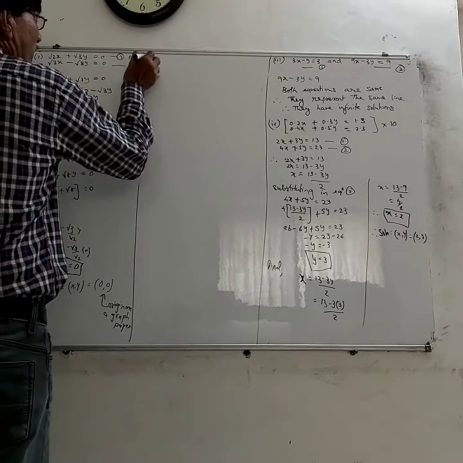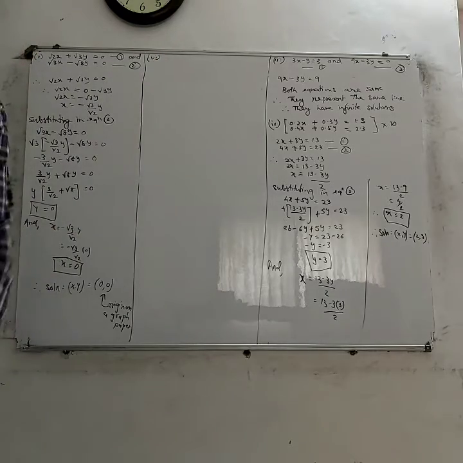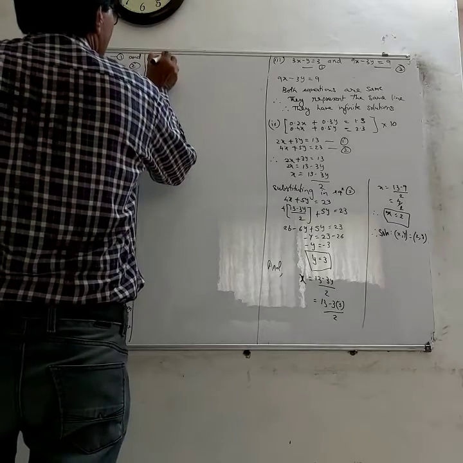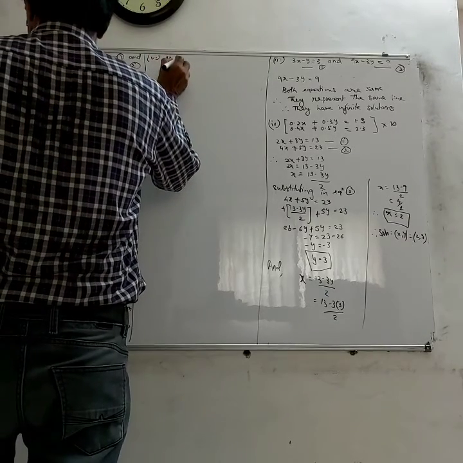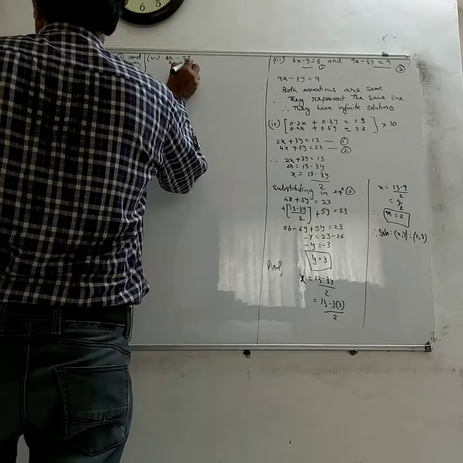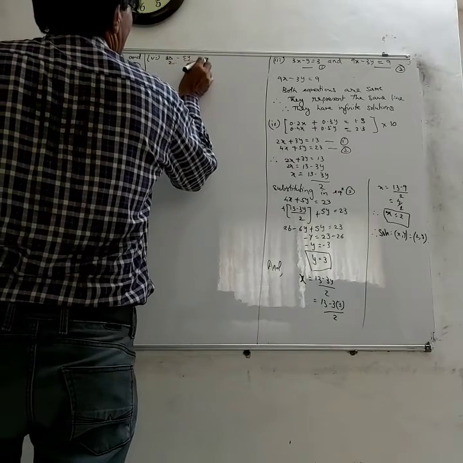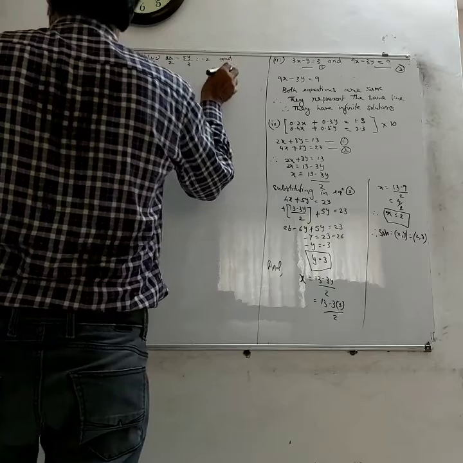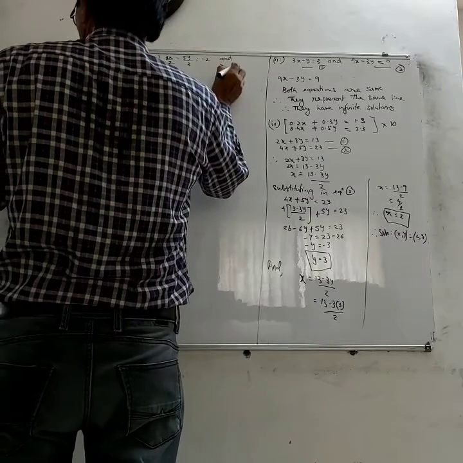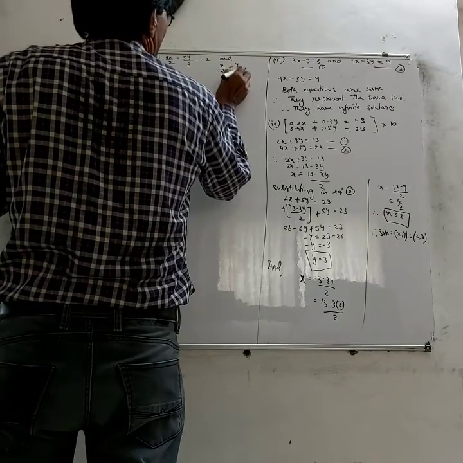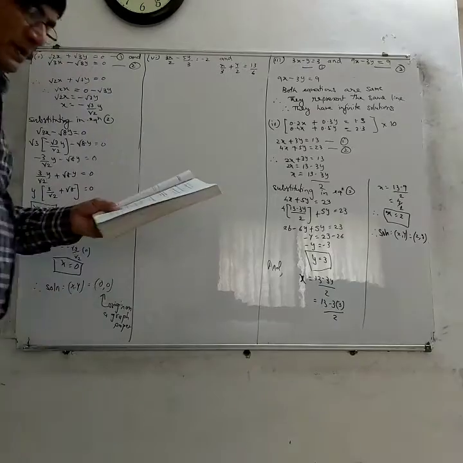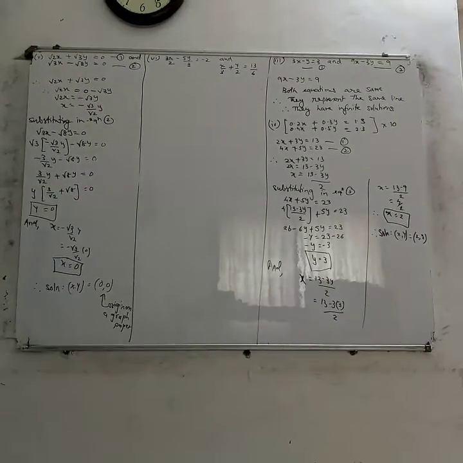This was number 5. Let us take number 6. 3x upon 2 minus 5y upon 3 is equal to minus 2, and x upon 3 plus y upon 2 is equal to 13 upon 6. Alright, these are fractions, so we will have to convert them.